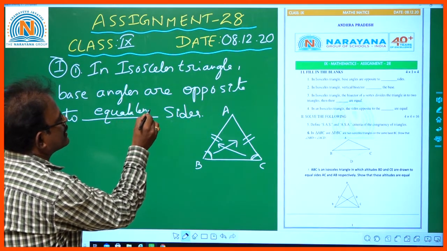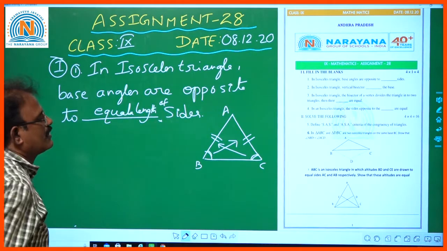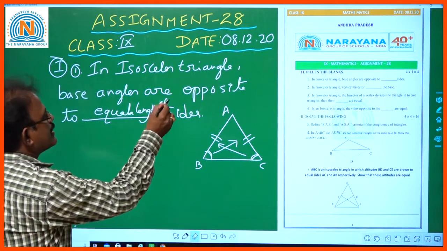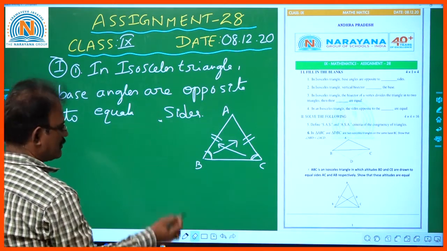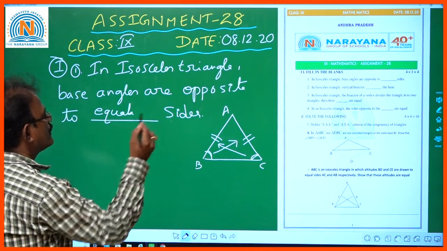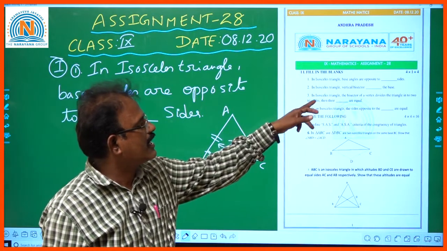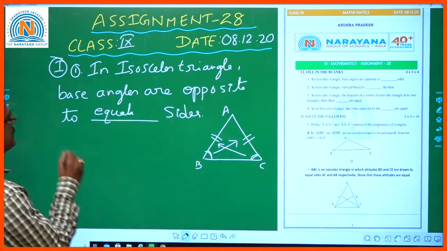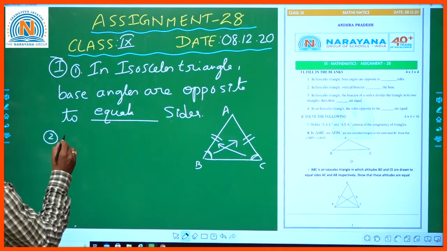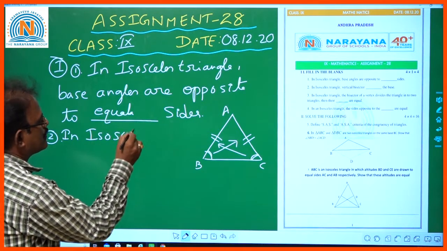Equal length of sides are simply equal sides.